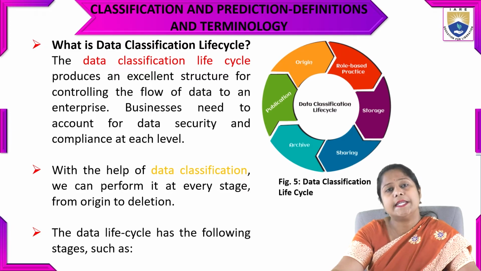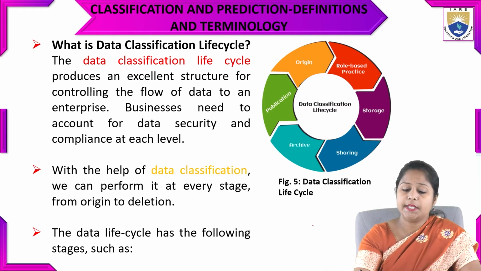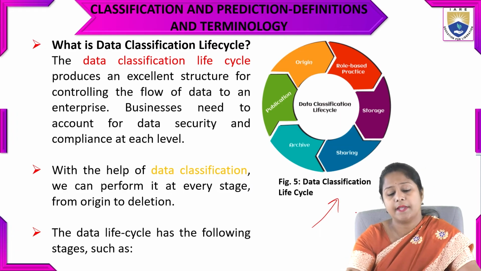Businesses need to account for data security, as well as compliance at each level. With the help of data classification, we can perform it at every stage from origin to deletion. In the right hand side figure, we can see the data classification life cycle.